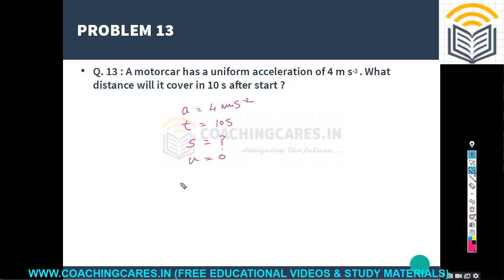So let us apply one equation of motion here, that is s is equal to ut plus half at square. So s is equal to u, which is 0, so we'll write 0, then half a, that is 4, then t, that is 10 seconds.